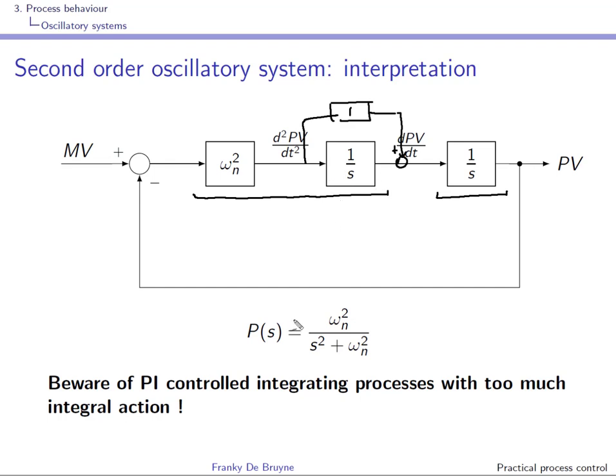But if the integral part is dominating, you can see that you have this kind of closed loop system, and that you will have, well, an undamped behavior. Okay, so beware of PI control with dominating integral action, as it will cause oscillations on an integrating process.